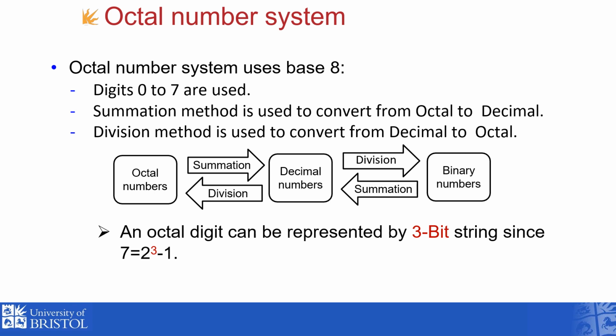Now, what I would like to note at this point is that since the maximum digit is 7, this already indicates that each digit in the octal system is mapped to 3-bit strings. In other words, if you have a bit string, then every 3 bits you can compress that to 1 digit in the octal system.